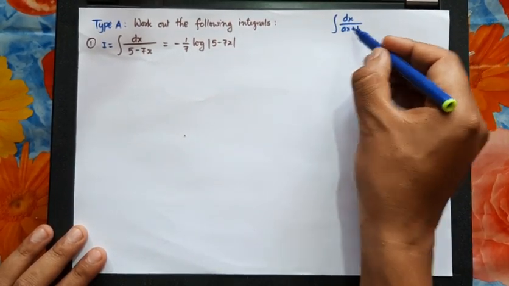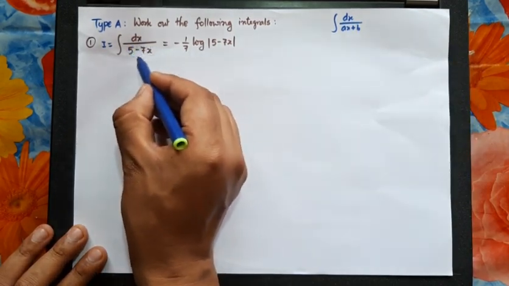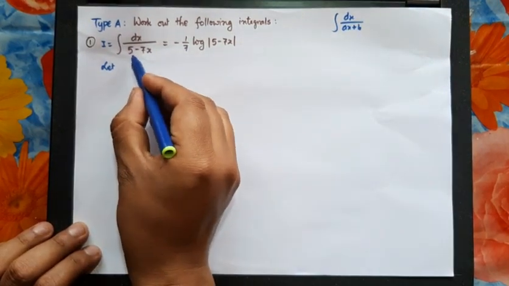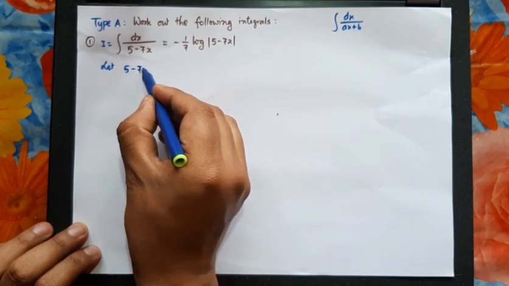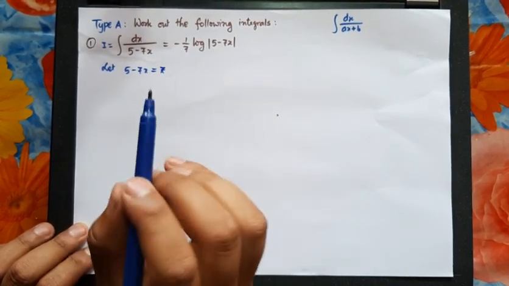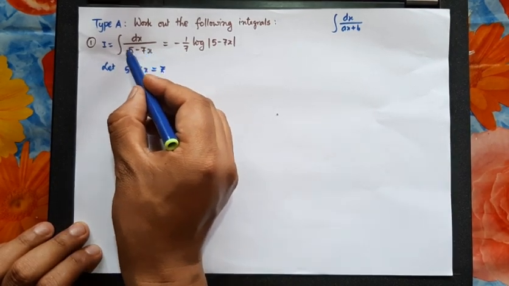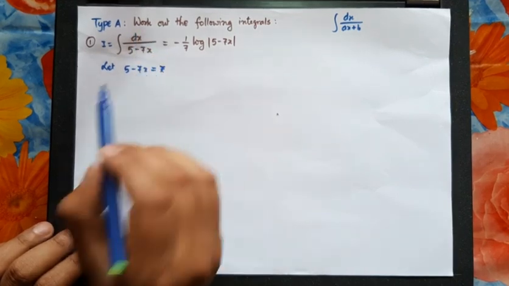The rule says that we have to take ax plus b equals z, and here ax plus b is this one. As the rule says, ax plus b must be equal to z, that is 5 minus 7x equals z. Since you are doing integration using substitution, you are substituting the variable x with z, so I need to remove this dx as well.